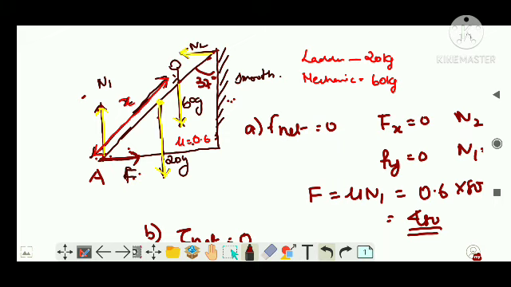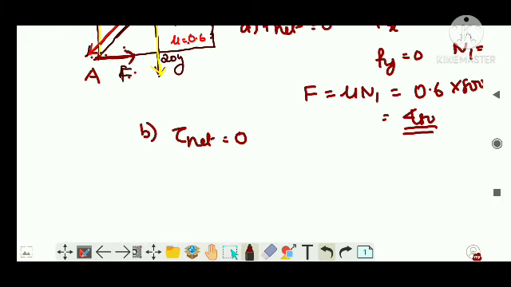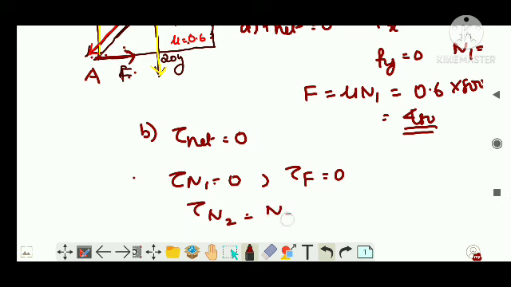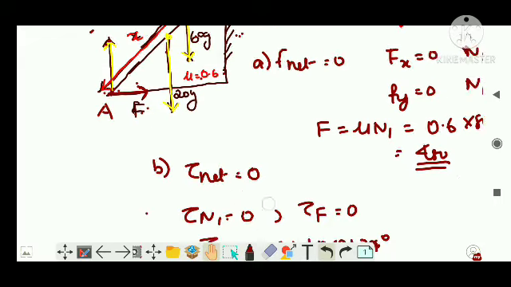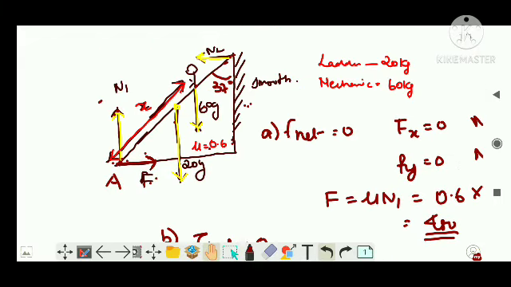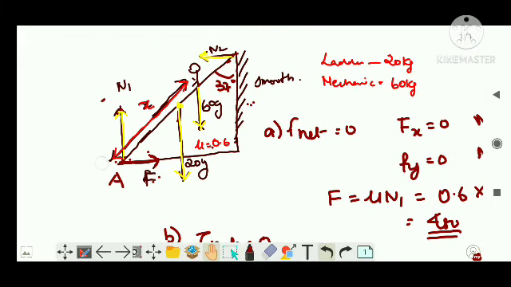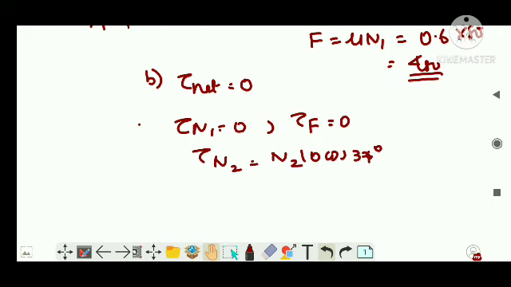That is the perpendicular distance. So torque due to N1 is 0, torque due to F is 0, and torque due to N2 will be N2 into 10 cos 37 degree. This N2 is causing motion in the anti-clockwise direction, so I will write it as positive.